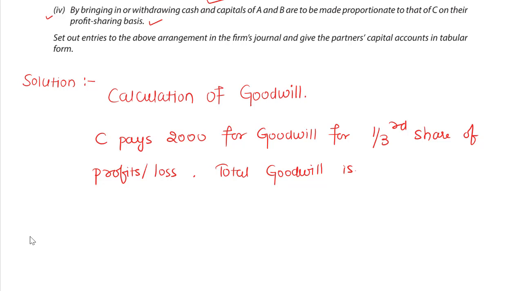Total goodwill is 2000 multiplied by 3, that is 6000 rupees.